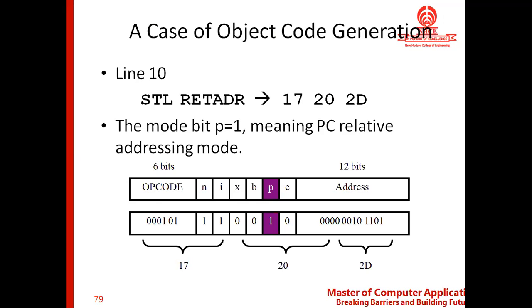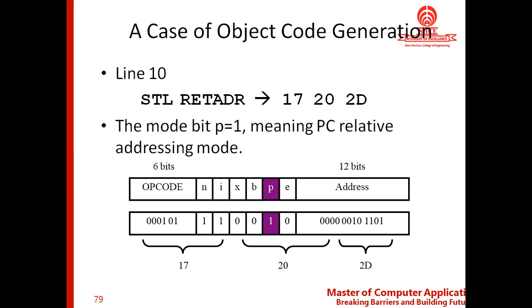The difference between format 3 and format 4 is decided based on the E bit. Coming to the B and P bits, whenever we use indexed addressing, the base register also will be used. Except for those instructions, all the remaining instructions use the program counter. If it is following program counter relative addressing mode, obviously the P bit will be 1 and B will be 0.